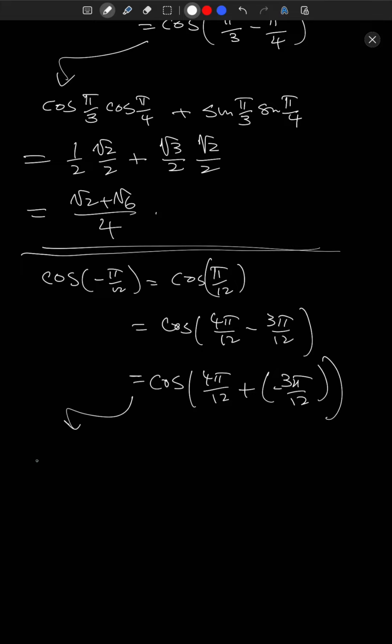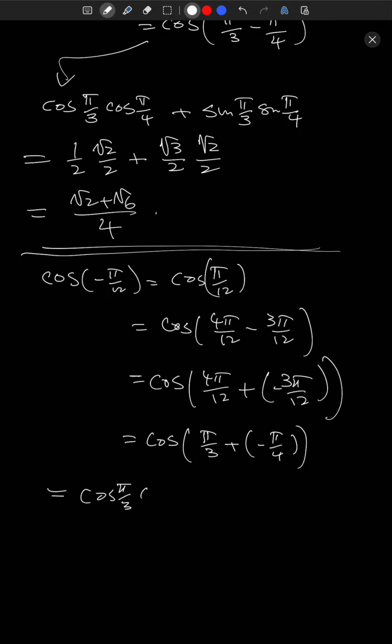And so now I get cosine of pi over 3 plus negative pi over 4. And so I end up with cosine of pi over 3, cosine of negative pi over 4, minus, using the original identity, because now there's a plus here, right?